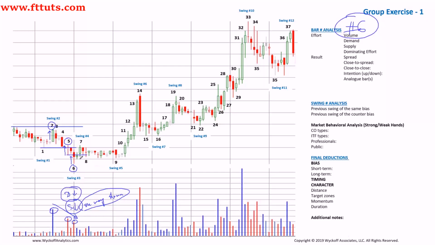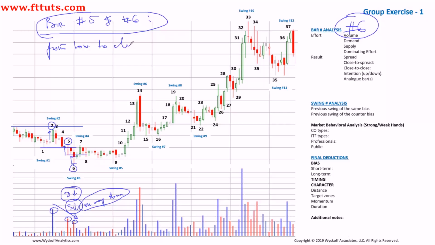But yet, let's look at the progress here that we see. If we take bar number 5 and bar number 6 and compare them, what could we say about the travel of the price from the low to the close? It's about the same, I would say. So from the low to the close, it's somewhat the same, and this is the result.